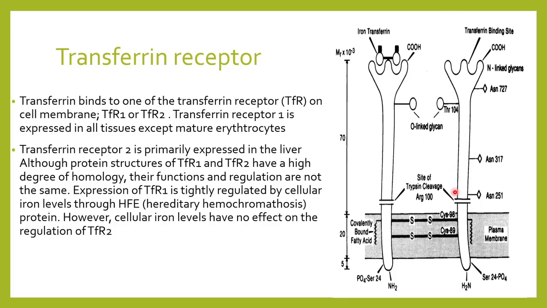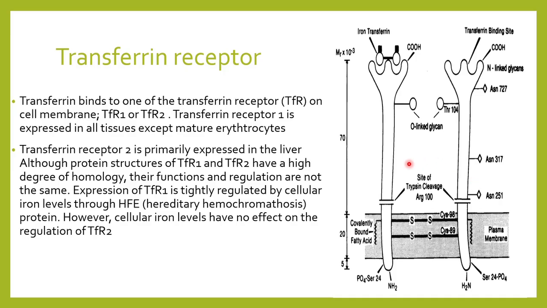There are two types, transferrin receptor 1 and transferrin receptor 2. Transferrin receptor 1 is expressed by all the tissues except your mature RBCs, and transferrin receptor 2 is mainly expressed in the liver. So these two are the receptors.